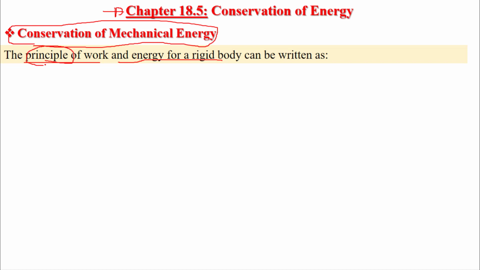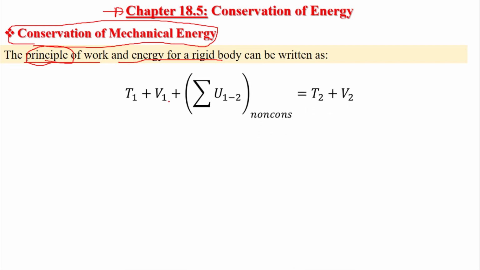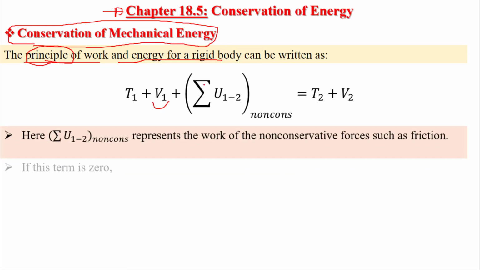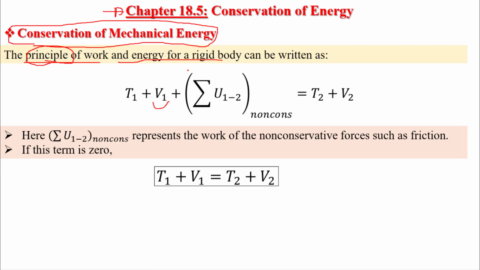We are talking about the principle we saw in 18.5, but we'll add potential energy. So here is the principle of work and energy. But because we are talking about conservative forces, this term will go to 0.